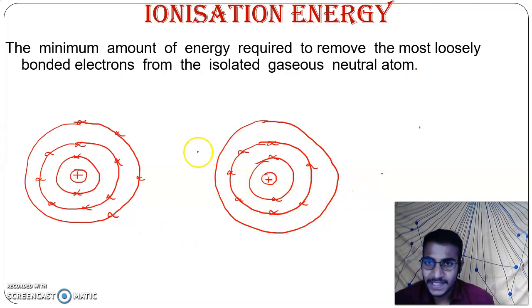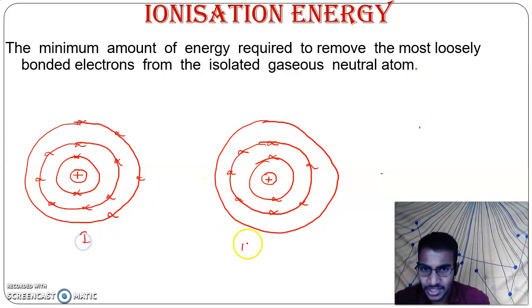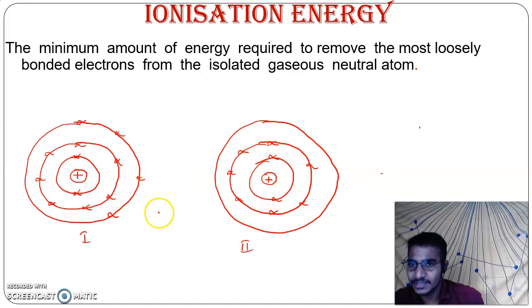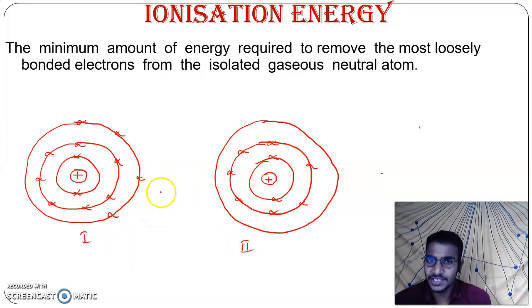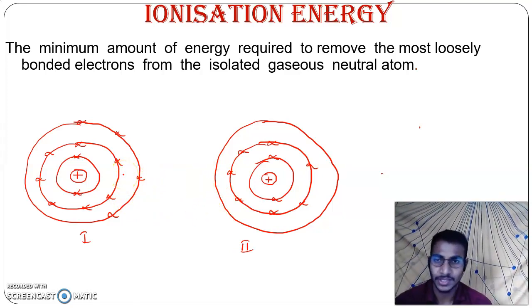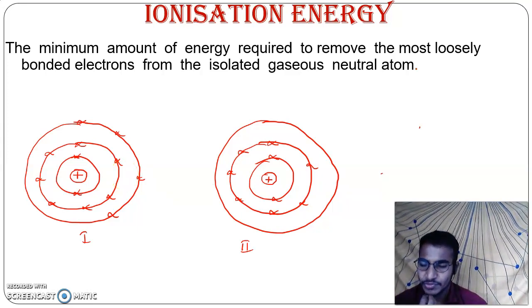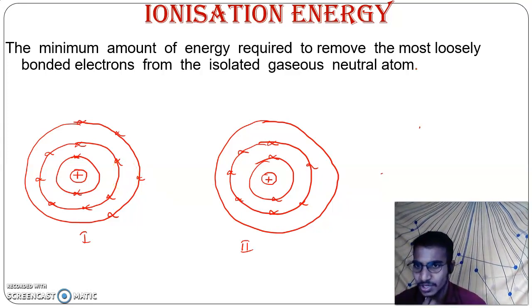So what the definition is saying is the amount of energy required to remove the most loosely bonded electron from the isolated gaseous neutral atom. By seeing this first shell and second shell, we cannot predict which is the loosely bonded electron without knowing any concept. You can ask, how can we know this electron is loosely bonded?